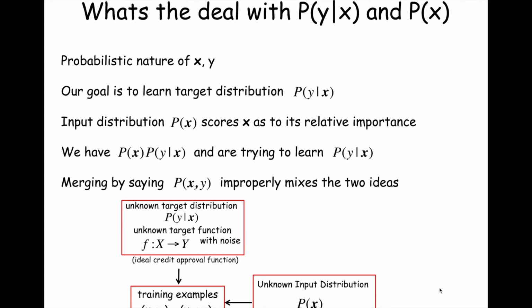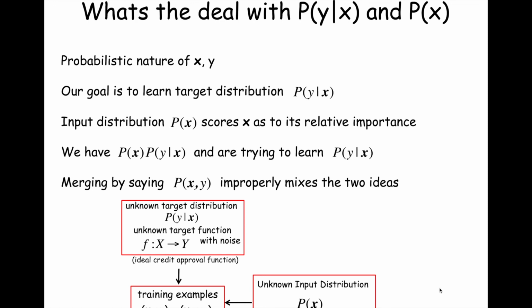So you have these two influencing factors. You have P of X that scores the importance of your feature vectors, and you have your noisy, unknown labeling function or noisy target distribution, and what you're learning, you're not learning the joint distribution, you're trying to learn this unknown target distribution, P of Y given X. And so you can try to merge the two by saying P of Y given P of Y and X, but that mixes the two ideas together because you reuse this P of X when you're talking about your out of sample points.